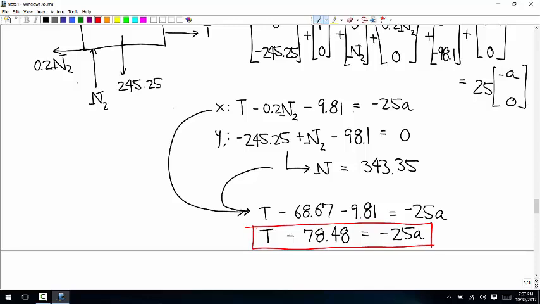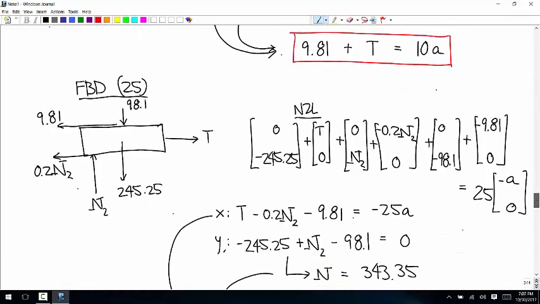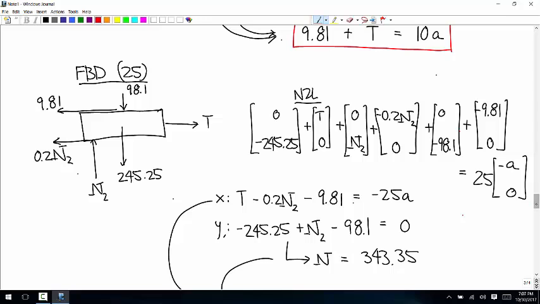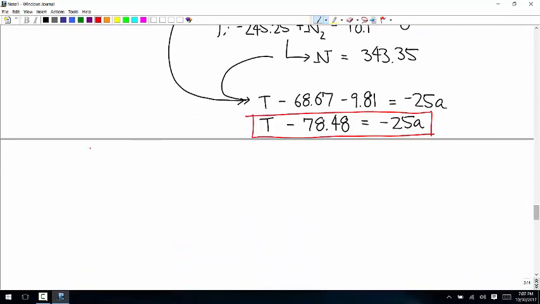Now you solve that system. So now you have two equations for two variables.